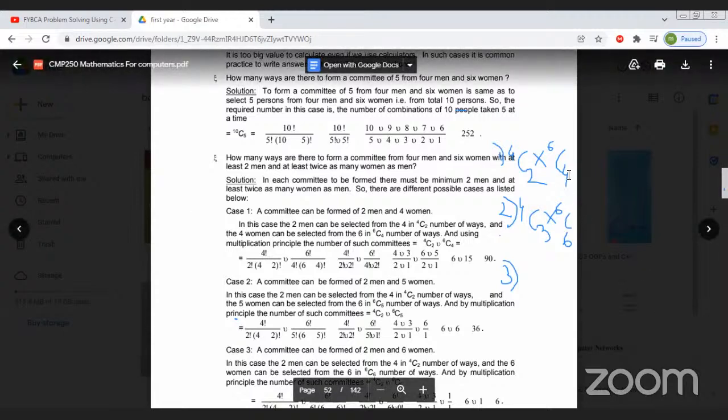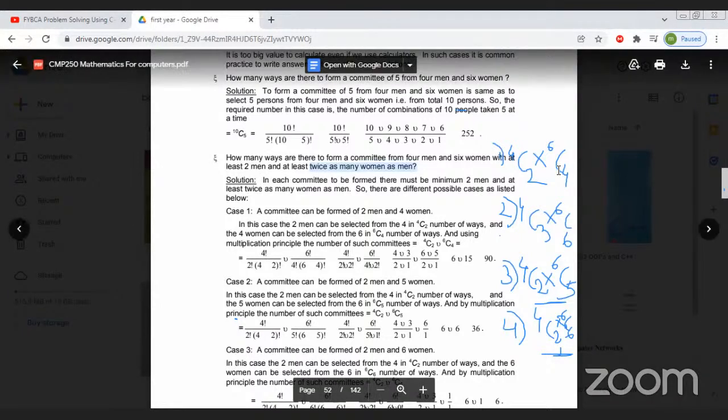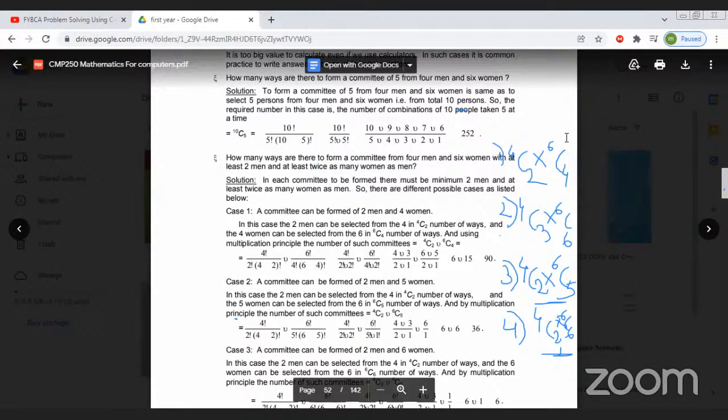So if I am starting from 4, I need to add which terms now? 4C2 into 6C4, 4C2 into 6C5, and the last one 4C2 into 6C6. Did you understand from where this term came? They have said at least. If they had used only the condition twice as many as men, only one term would have come. They have said at least, so minimum you need to start from 4.